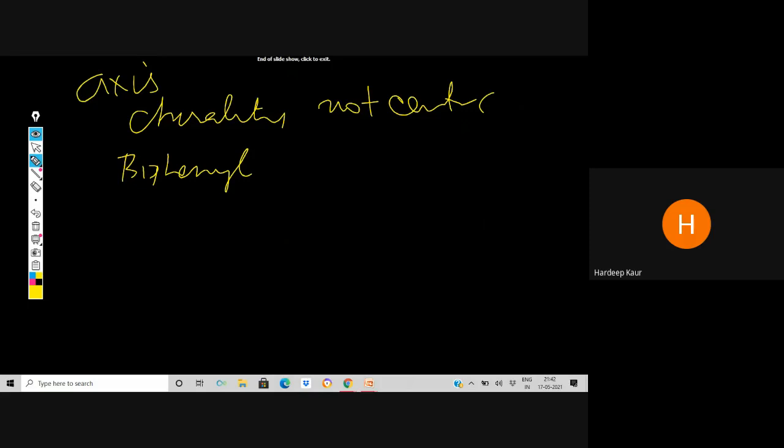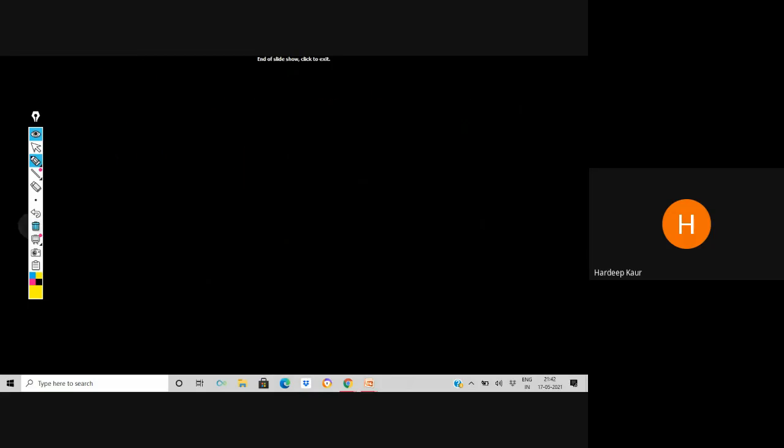So let us discuss this thing. Suitably substituted biphenyls exhibit enantiomerism due to the presence of a chiral axis, and they are atropisomers because they exhibit enantiomerism due to restricted rotation about the carbon-carbon single bond of the two diphenyl rings.